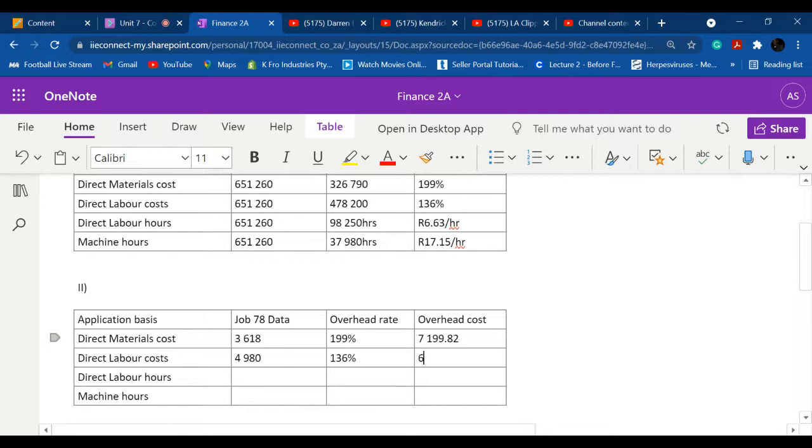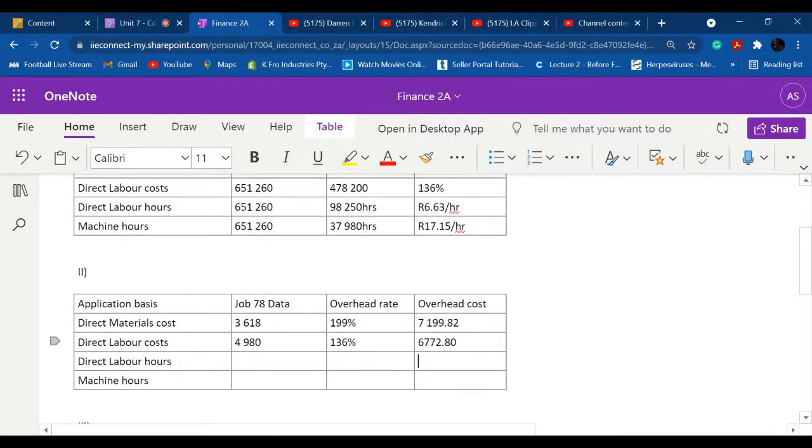Okay, and then we should get 6,772.8. Right. So far, so good. Right. So I think the big challenge is structuring in such a way that you can easily make sense of what you're doing, how you're moving from one place to the next.